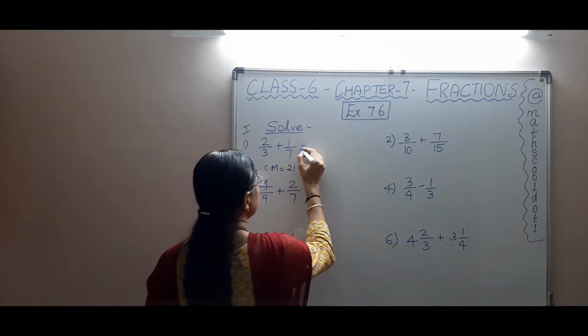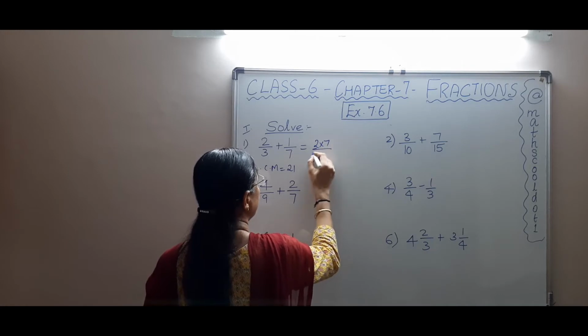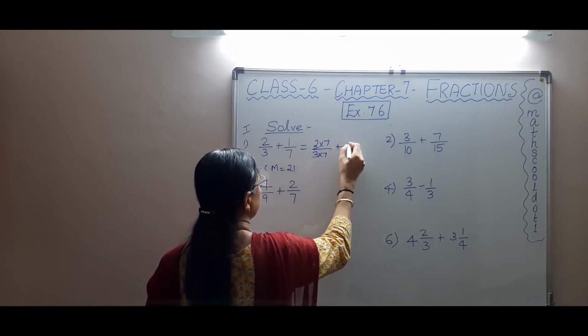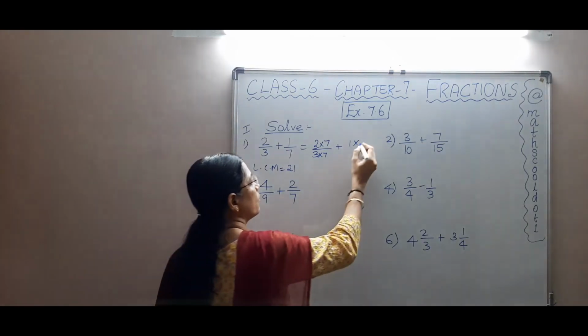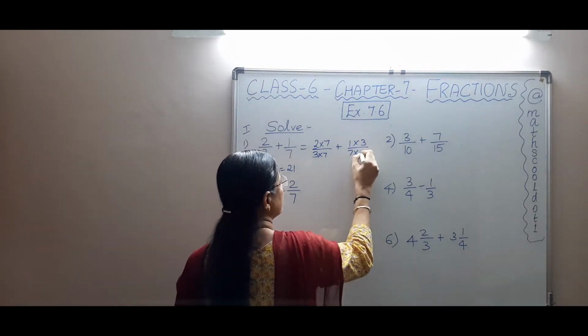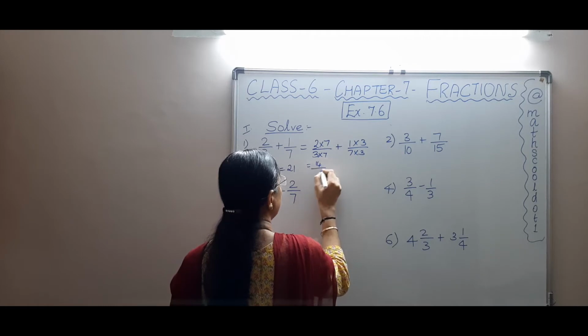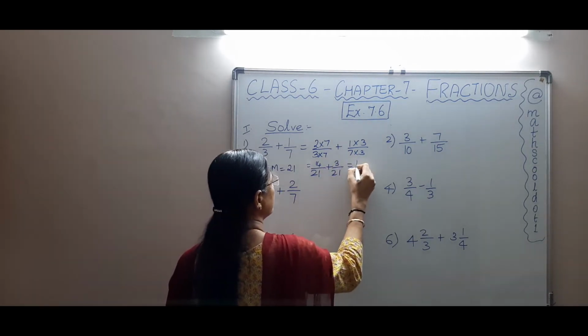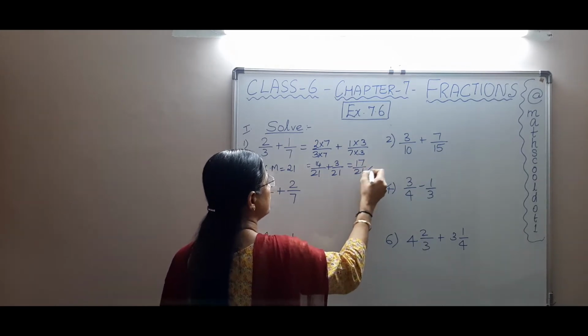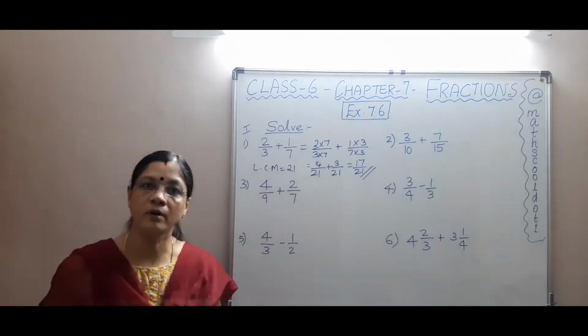So this will become 2 into 7 divided by 3 into 7, plus 1 into 3 divided by 7 into 3, which is 21. Now this becomes 14 by 21 plus 3 by 21, so that becomes 17 by 21. So 17 by 21 is your answer.